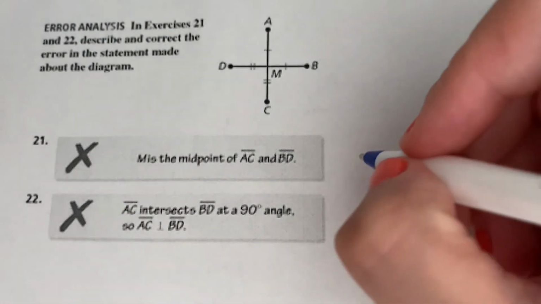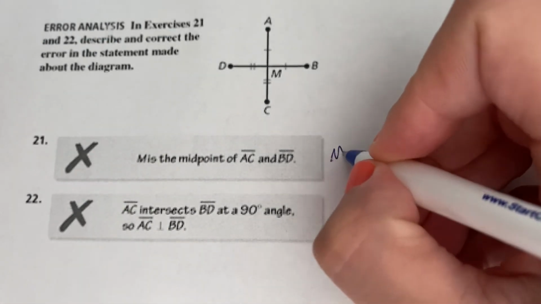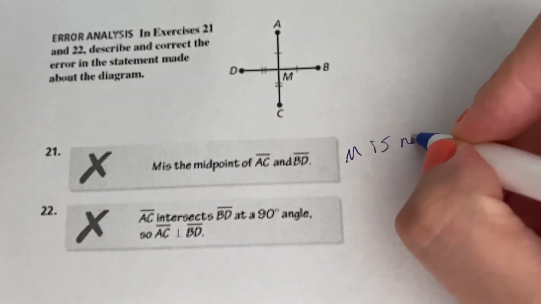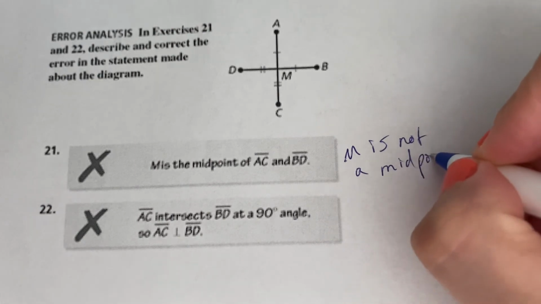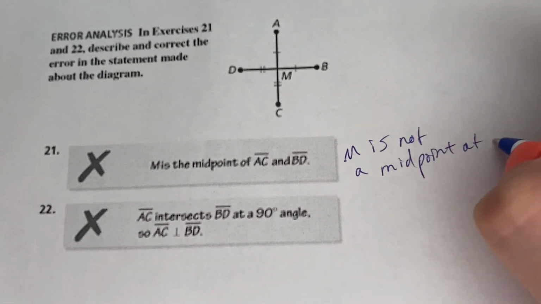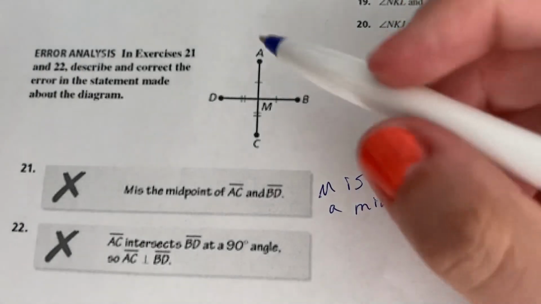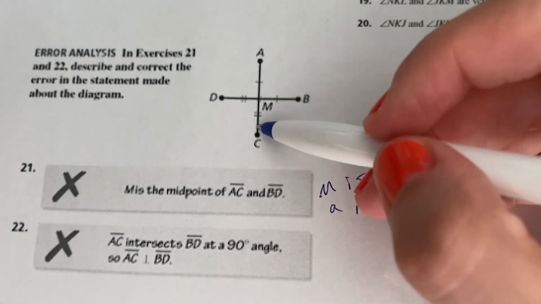M wouldn't be the midpoint at all, because it's not in the middle of any of these lines.